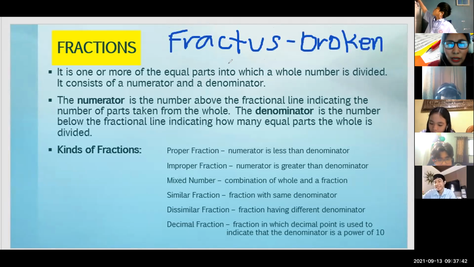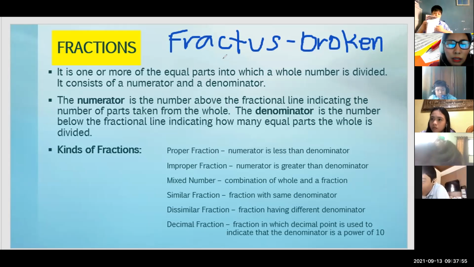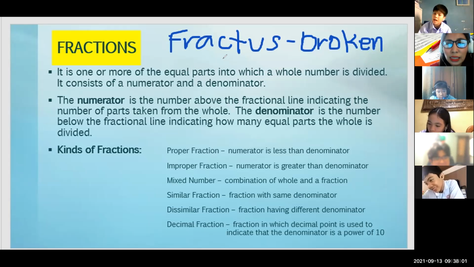That's why it represents a part of a whole. It may be more than a whole, or basically it is a number that represents an equal part when it is spoken in English. And a fraction describes how many parts of a certain size there are.